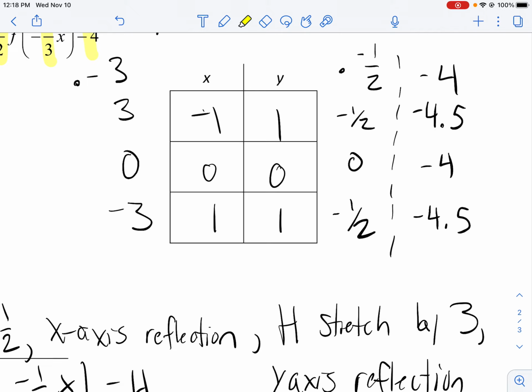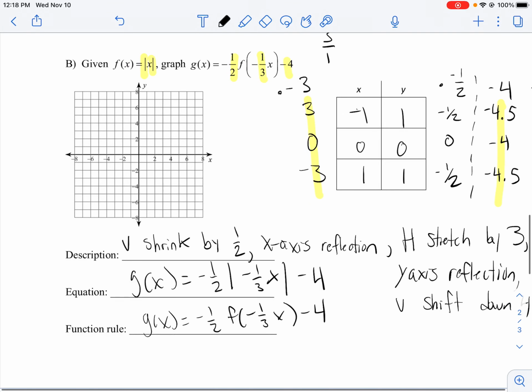Now, if we were to actually write in the points, normally I would say keep them as fractions, right? But negative 9/2 doesn't really tell you where to put it necessarily on your graph, so I would maybe think about using decimals to kind of help you get the approximate place where it should land. So 3, negative 4.5, 0, negative 4, and negative 3, negative 4.5.